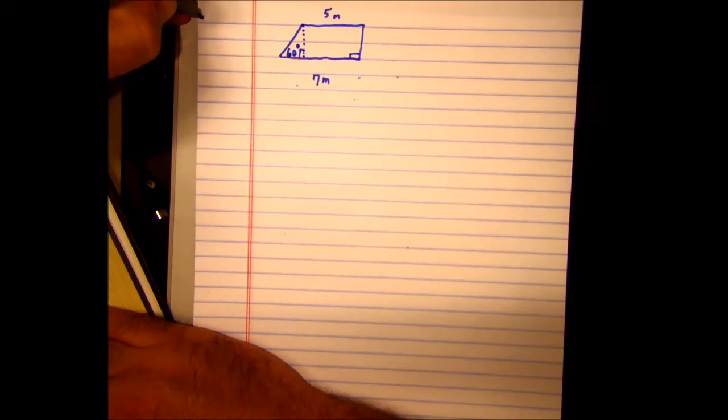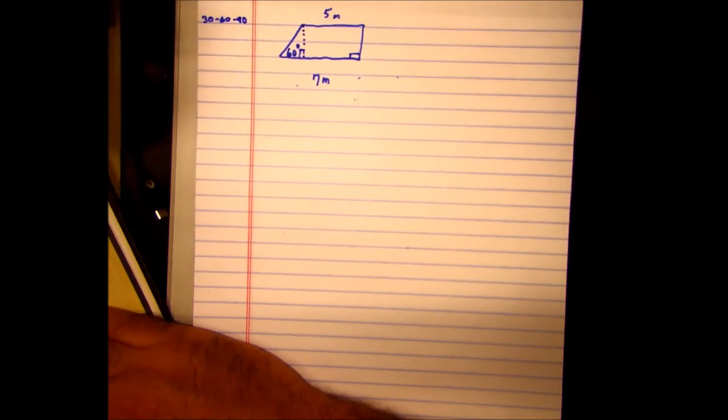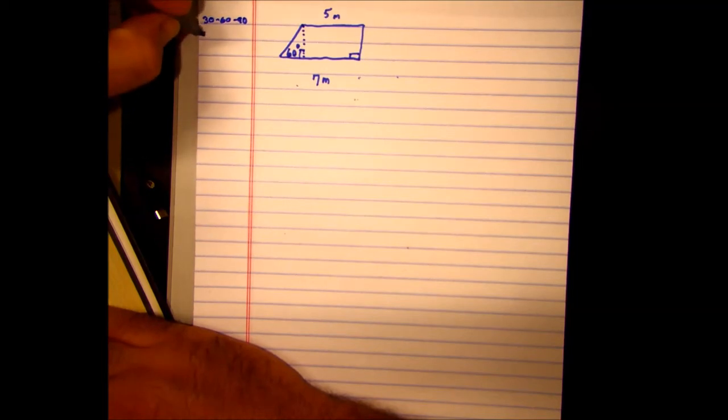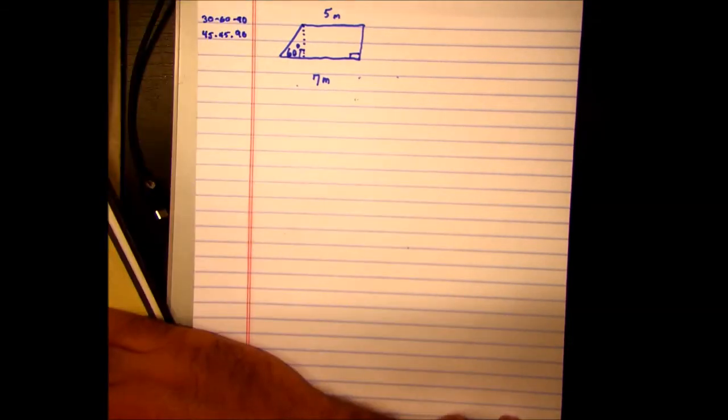Hopefully you've already said in your head a 30, 60, 90 triangle. The other special right triangle is a 45, 45, 90 degree triangle. Now they give you those measurements because you're supposed to find the height or pieces of the base by doing that special right triangle work.